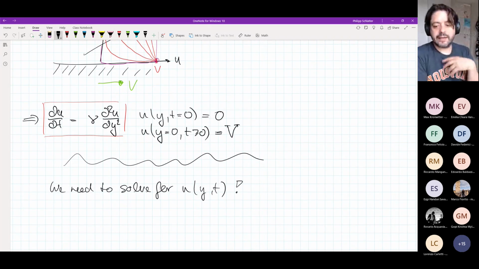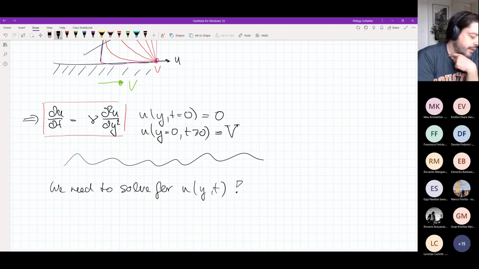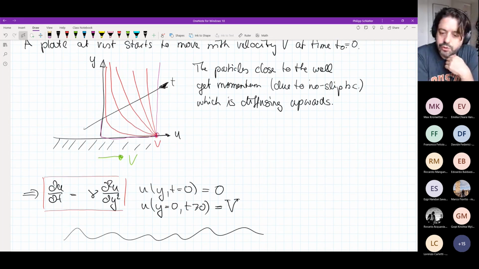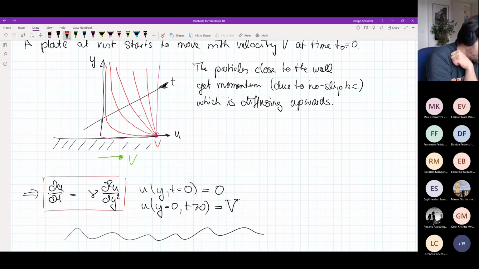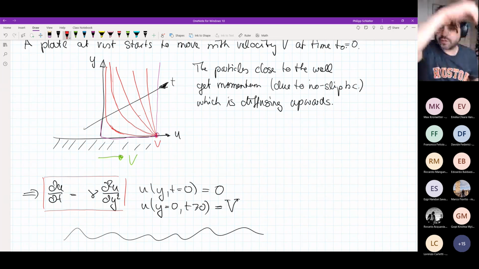Well, if we just look at the expected solution, we can somehow think that there is a certain similarity between all these different solutions that we have. Just imagine if we stretch the y-axis for each new time, so that this solution would be elongated in the y direction up to the point that it would fall on this other solution, which is at a later time, and so on.